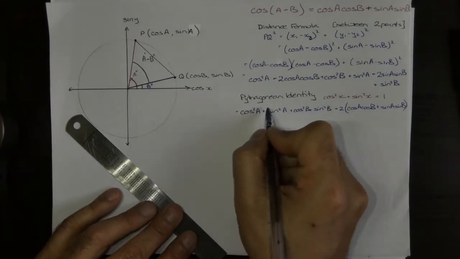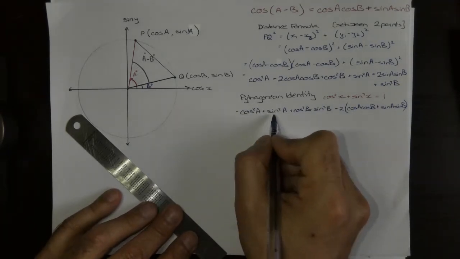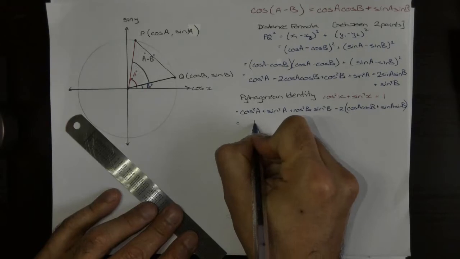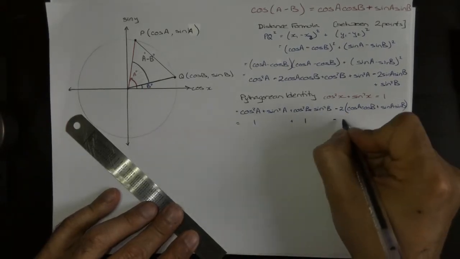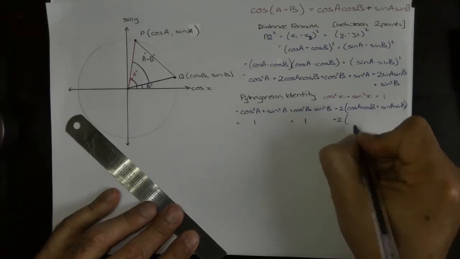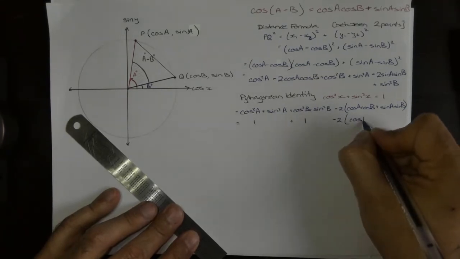Now this cos squared A plus sine squared A is just 1. This part here is just 1. Which leaves us that.